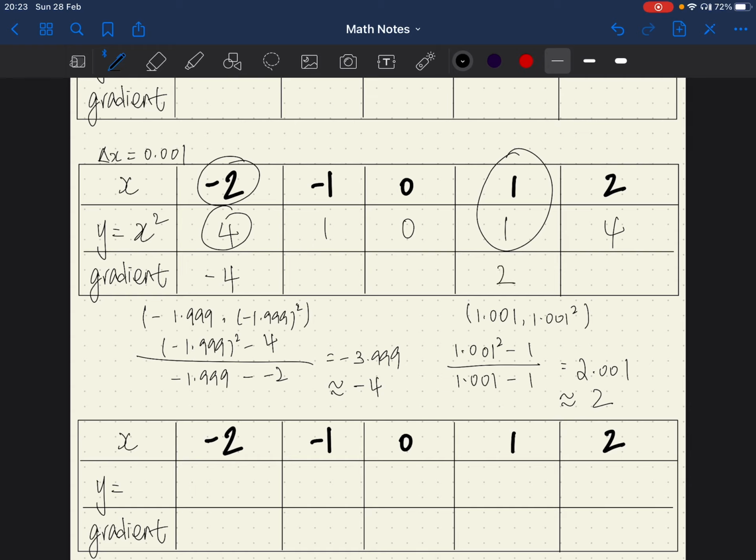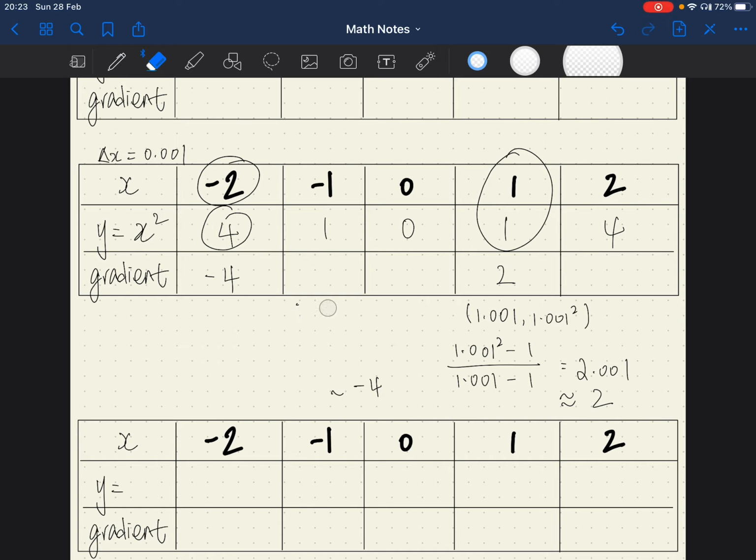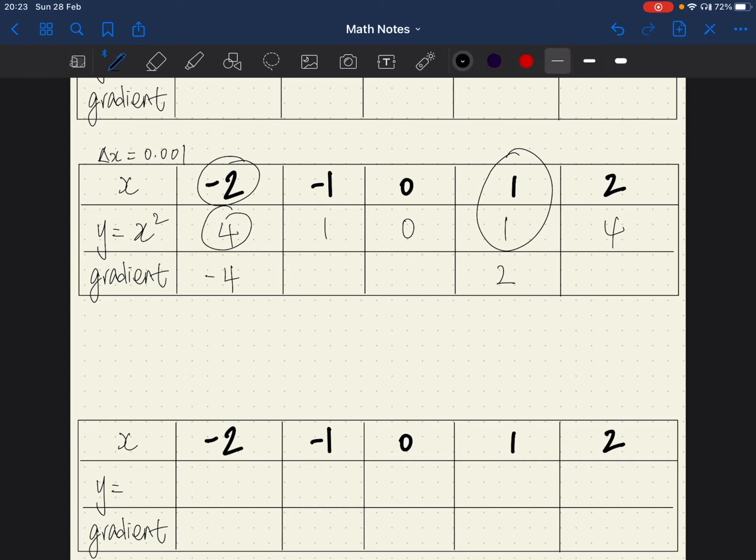Okay. So you can actually use this same method to find now the gradient of the curve at any point. Okay, it need not be a whole number. If let's say now we want to find the gradient of the curve y equals x squared at, let's say, 100. Okay, never mind.